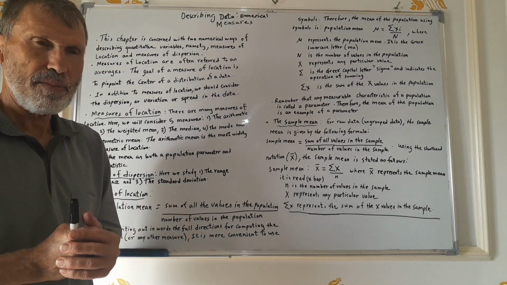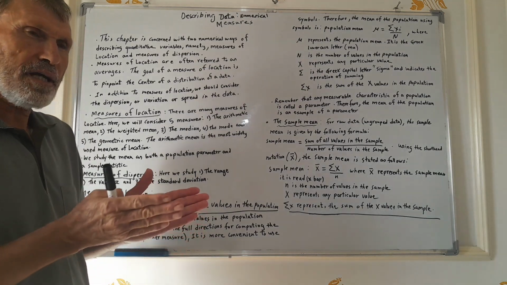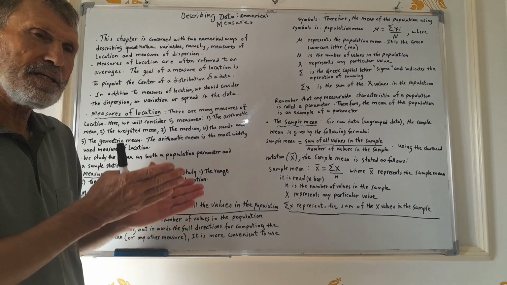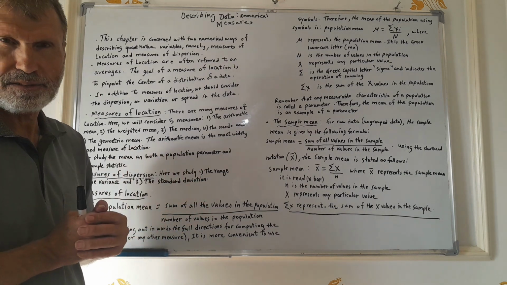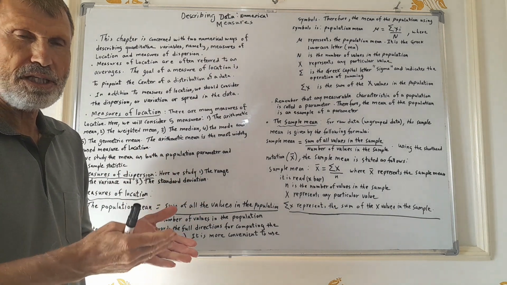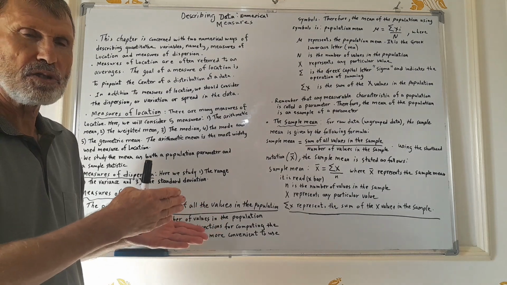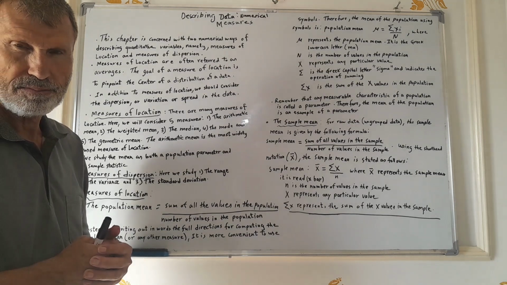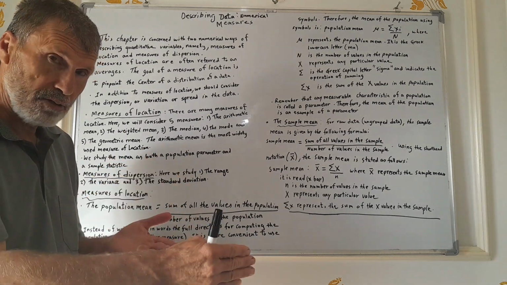For instance, in the computer scientist industry, the salaries range from, let's say, 20,000 to 80,000.